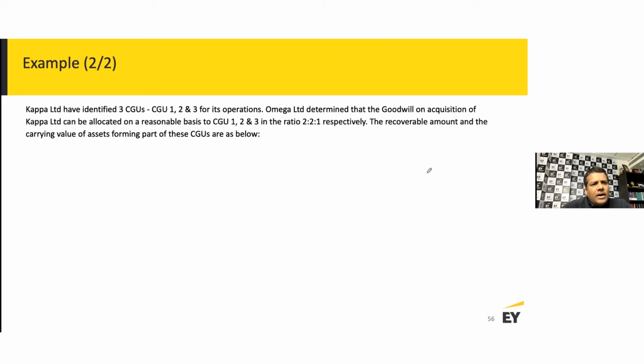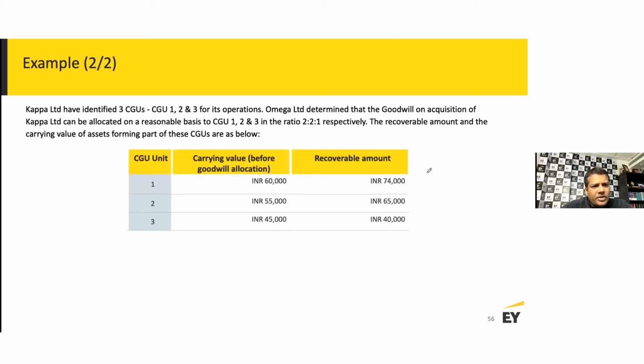The recoverable amount and the carrying value of assets which are forming part of this CGU are as follows. For the 3 CGUs, carrying value before goodwill allocation, so we have to first determine the goodwill also, right, is 60, 55, 45, and recoverable amount is 74, 65, and 40,000.